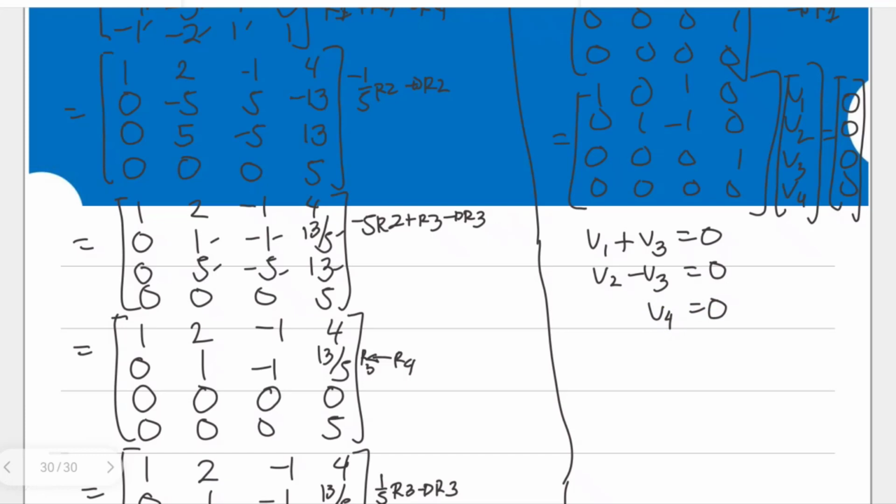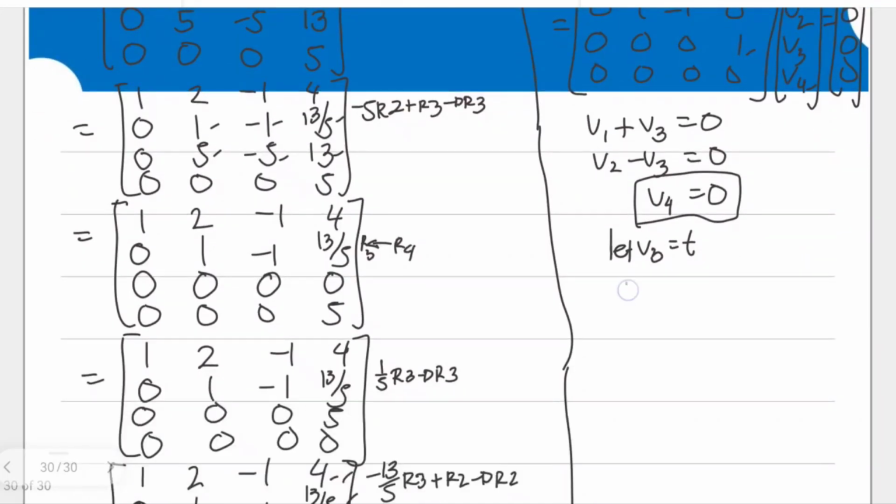Okay? So this is exact. V sub 4 is 0. However, for v sub 3, we can assign v sub 3 be t. This would mean v sub 1 plus v sub 3 will become v sub 1 plus t equals 0. So v sub 1 is equal to negative t. And then our v sub 2 minus v sub 3 equal to 0.